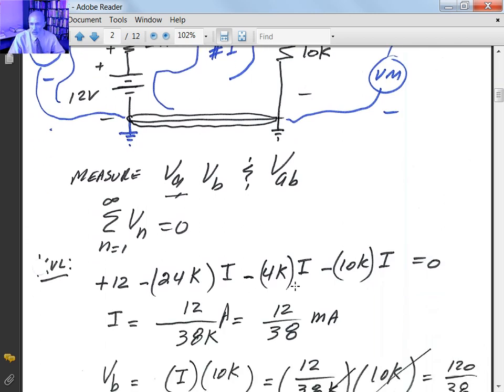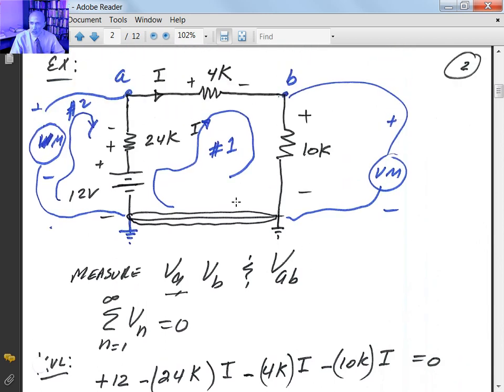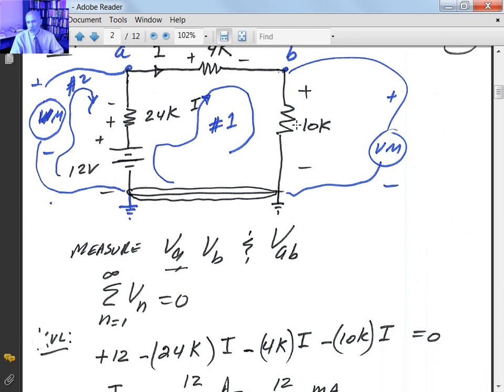If you simplify that, combine 24, 4, and 10, that gives you 38 kilo ohms, and the current I would be 12 divided by 38 kilo ohms, simply 12 over 38 milliamps. The voltage at point B with respect to the ground, that means put a voltmeter here with a positive polarity hooked up to point B and a negative polarity hooked up to the ground terminal, which is the voltage across that 10K ohm resistor.